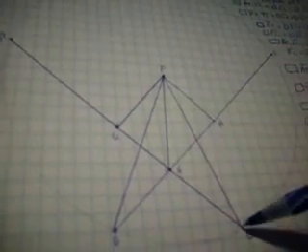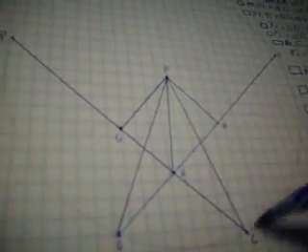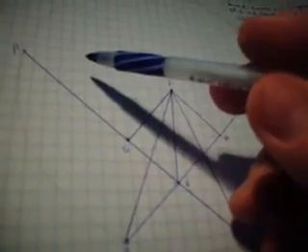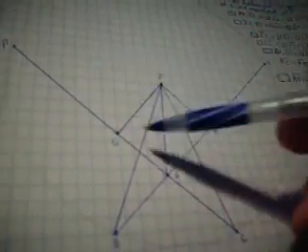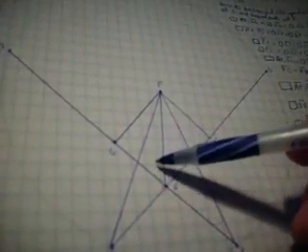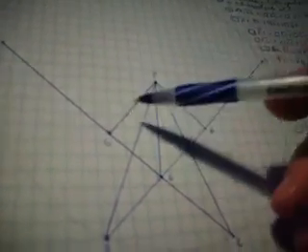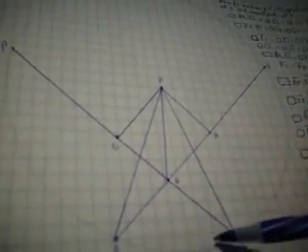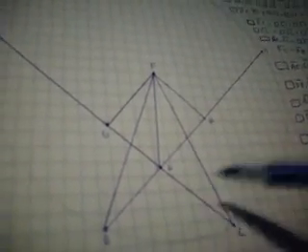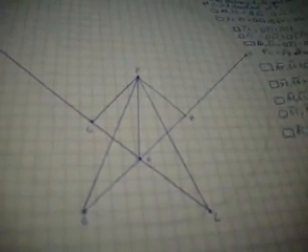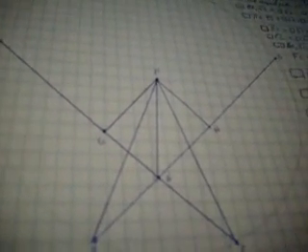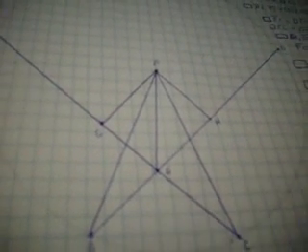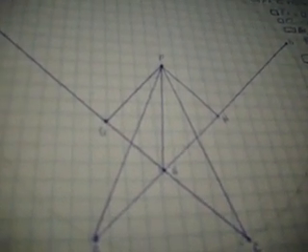Here's G, here's C. This would be one side of a four-sided square. So the area of the rectangle formed by AE and EC, plus the square of EG, all that area together would equal the area of the square of GC. And we can say this by Euclid Book 2, proposition number 5.